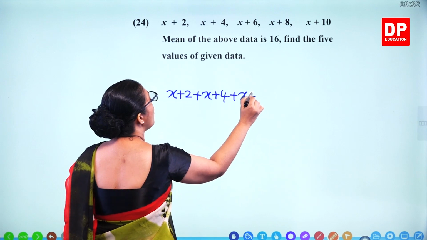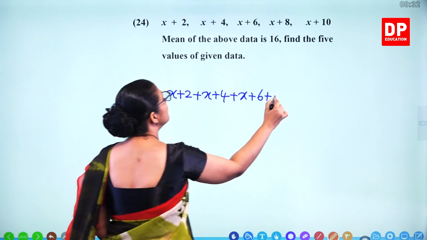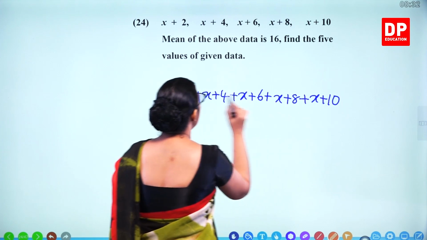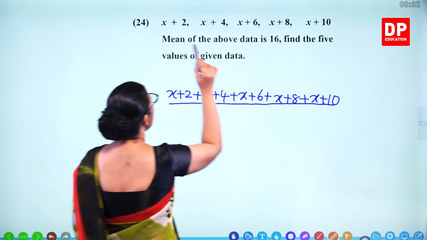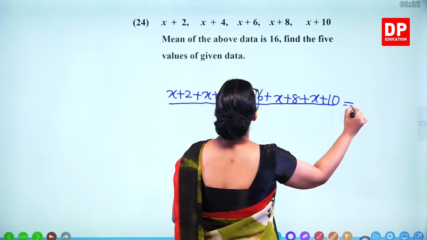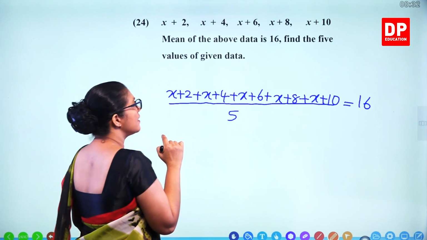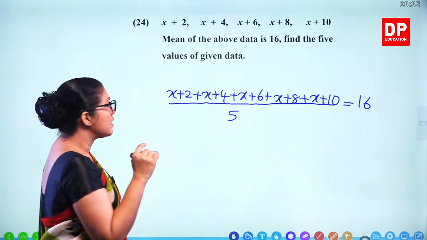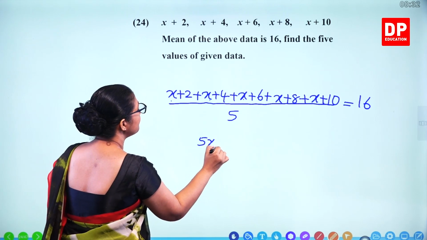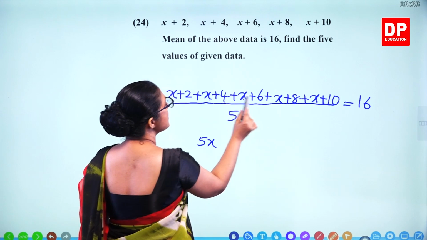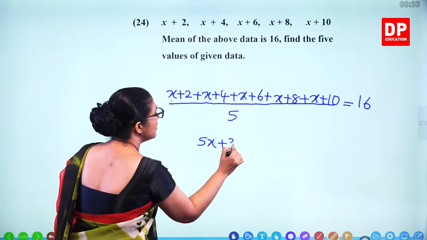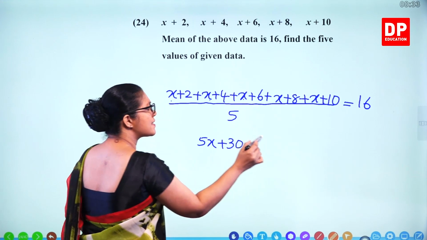So you add all these, divide by, how many terms are there? 1, 2, 3, 4, 5. That's equal to mean value, that's 16. Now add like terms. 5x. 2 plus 4, 6. 6 and 6, 12. 20, 30 is equal to 5 times 16.